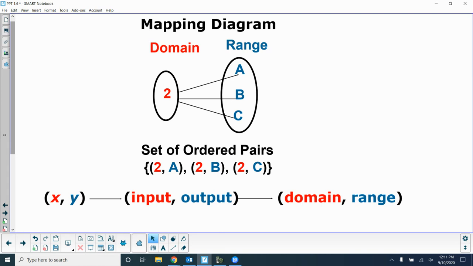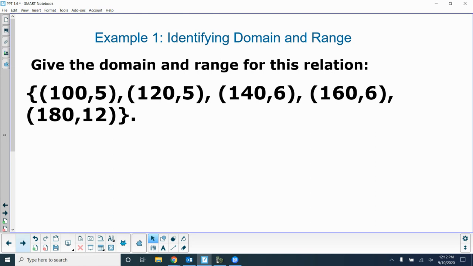So you might have to do a mapping diagram for homework tonight, but when we get to the test next week, you don't have to do a mapping diagram. Just understand that the mapping diagram is putting the 2 with A and the B and the C.